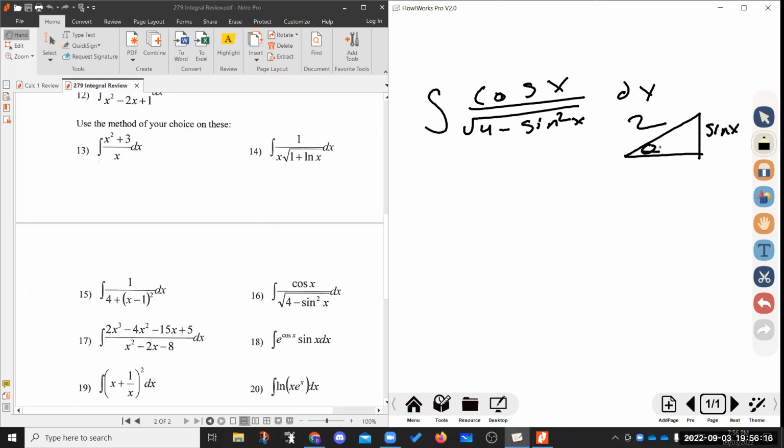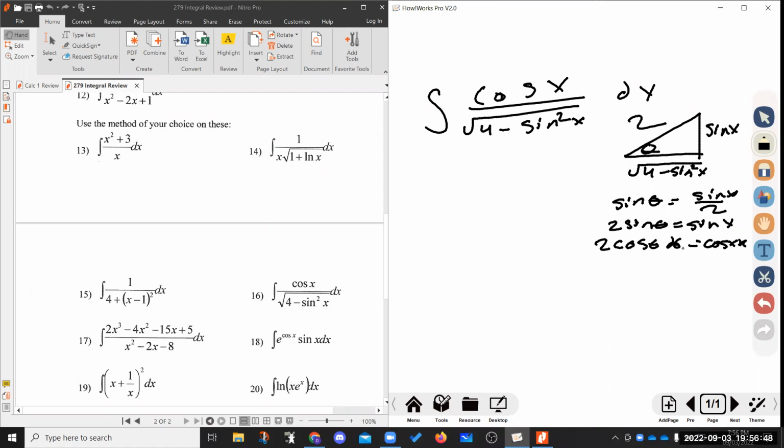Like this. Here's theta, and that makes this side over here root 4 minus sine squared. So sine of theta is equal to sine x over 2. 2 sine of theta is equal to sine x. 2 cosine of theta d theta is equal to cosine of x dx.